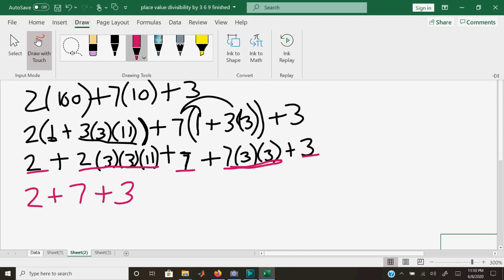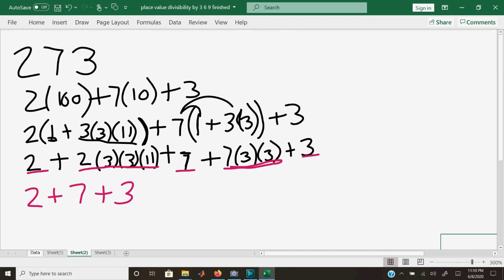So 2 times 3 times 3 times 11. I'm going to change that to 2 times 3 times 11, or 6 times 11, which is 66. And then I'm going to multiply by the other 3. So I have something times 3. If I want to divide by 3, I have to take out a lot of 3's.